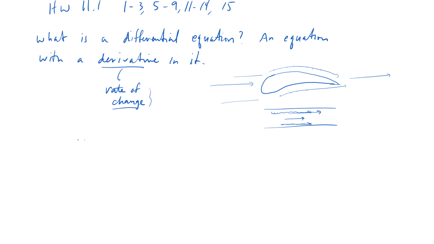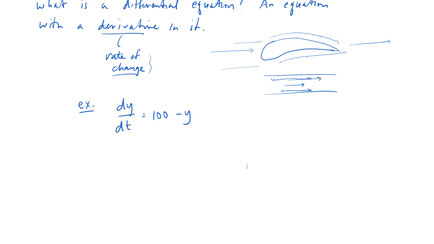Let's look at this example. Like I said before, it's in your book, but see if this makes sense to you. Suppose dy/dt equals 100 minus y. That's telling me, if you tell me what the y value is, I can tell you what the rate of change is. And y is a function of t, so if you tell me time, I can tell you what y is.